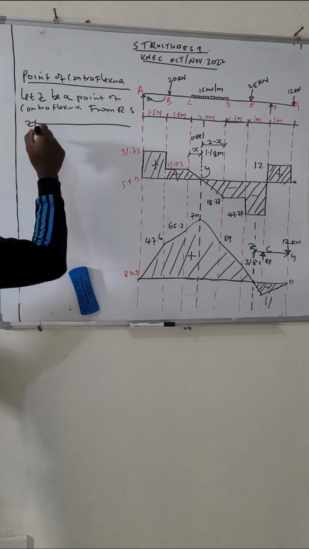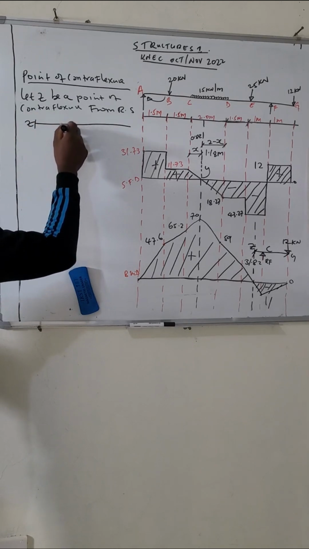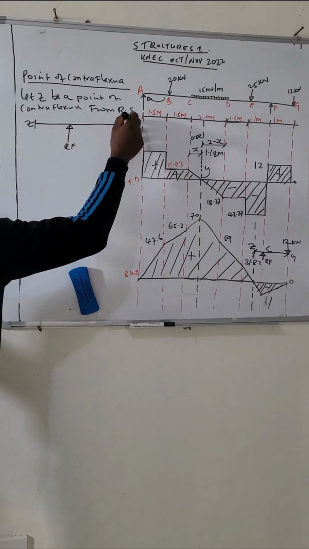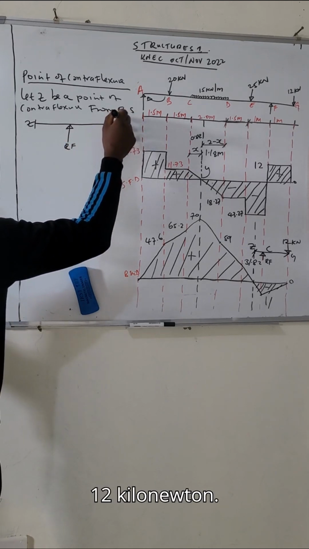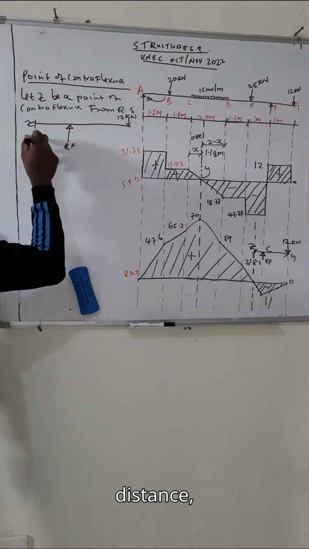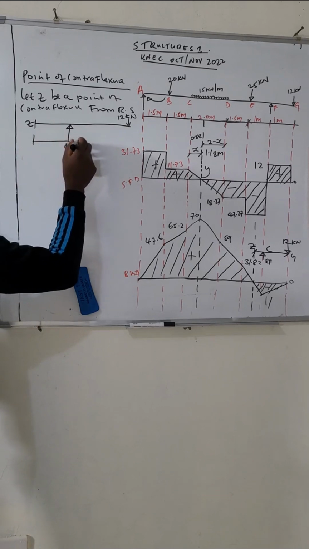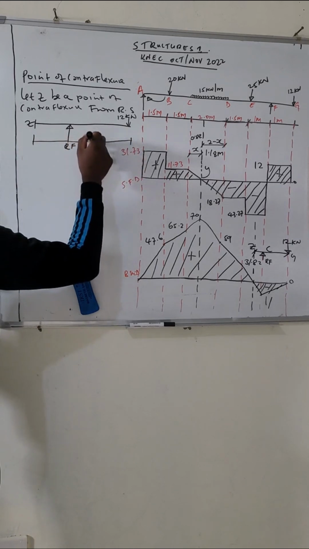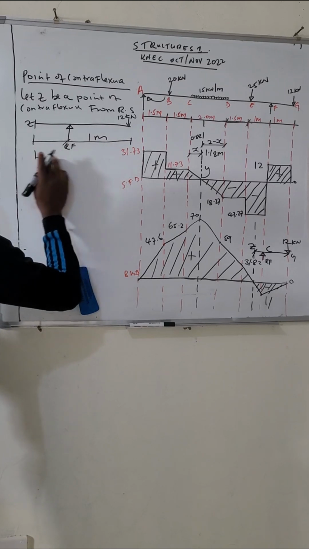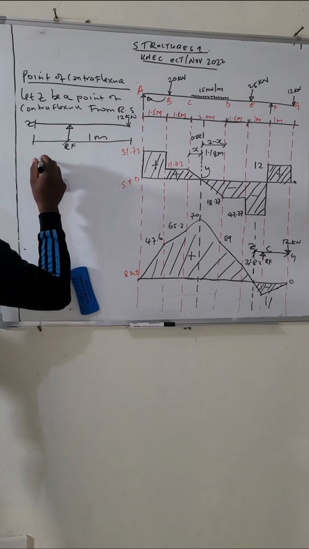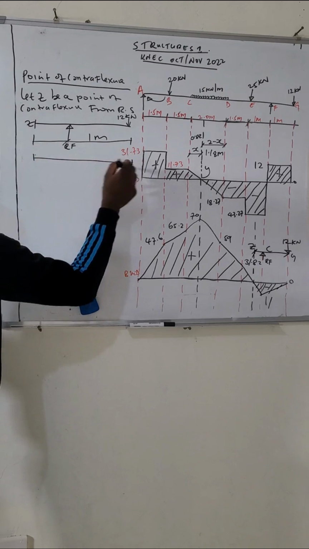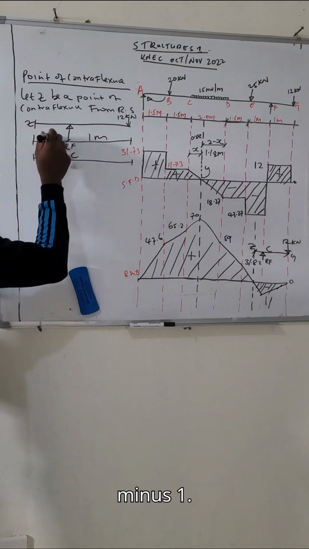So this is Z, RF, 12 kilonewton. This distance is 1 meter, and this is C minus 1.